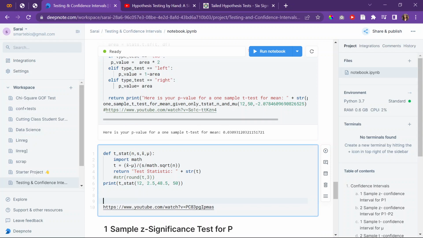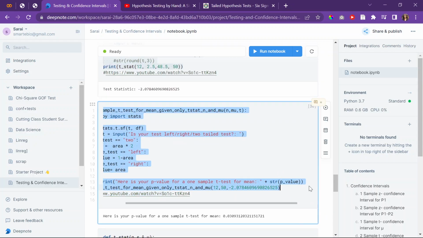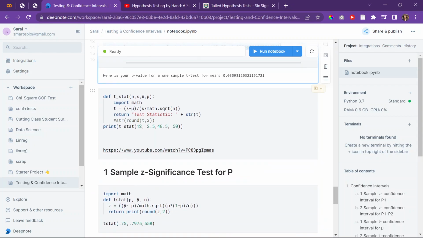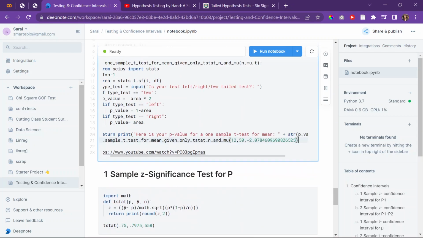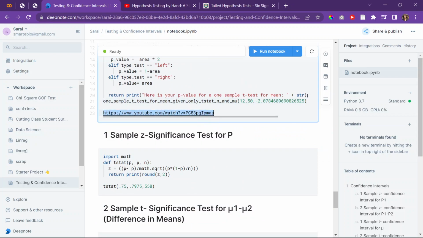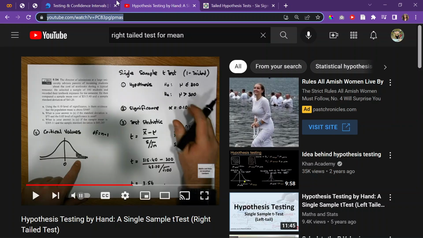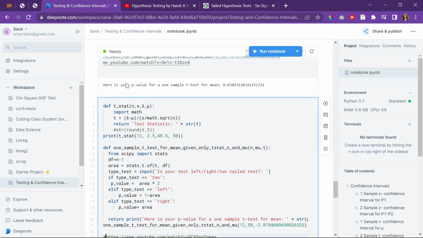I'm just gonna put it all in one because I'm so tired of doing two. To find the test statistic, let's look at the data. What is N? The sample size is 100 students, so it's 100.